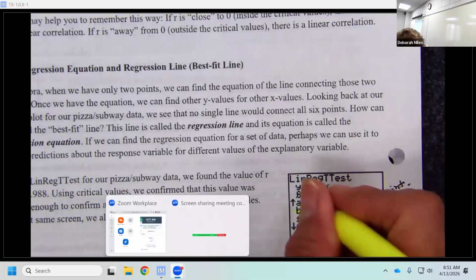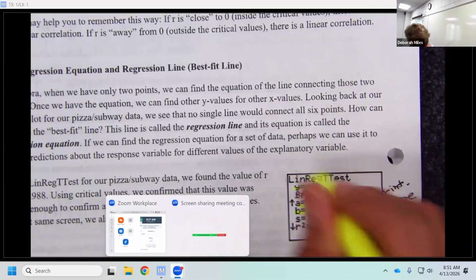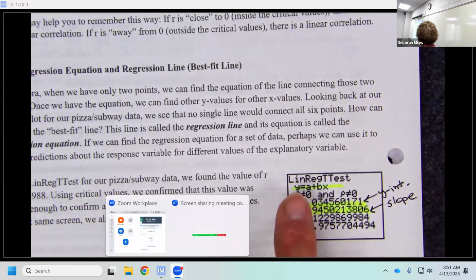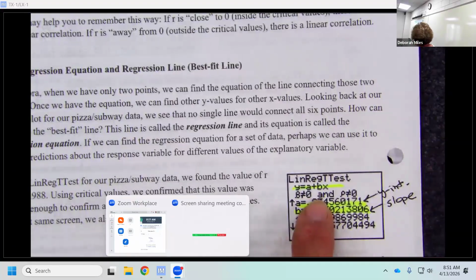And we're going to plug those values in the general equation, y equals a plus bx.